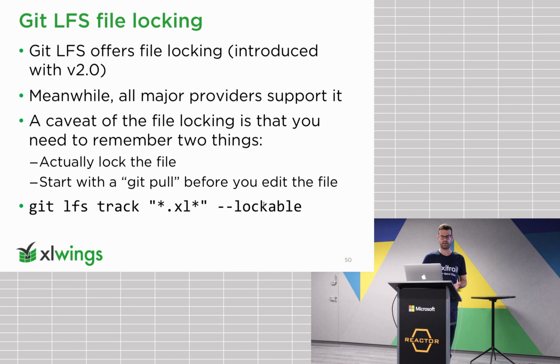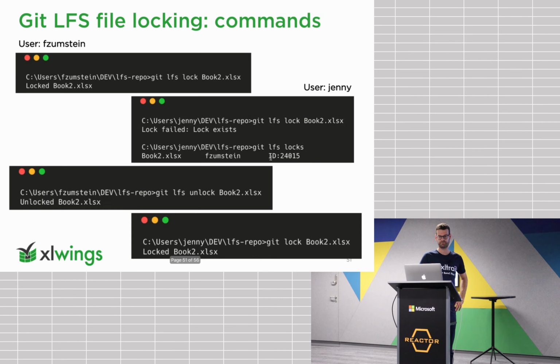But before that, there are two things to remember even if you use file locking with Git. You need to remember to actually lock the file. And even if you lock the file, you have to remember to do a git pull before you start working on it, because otherwise you still end up in a merge conflict.